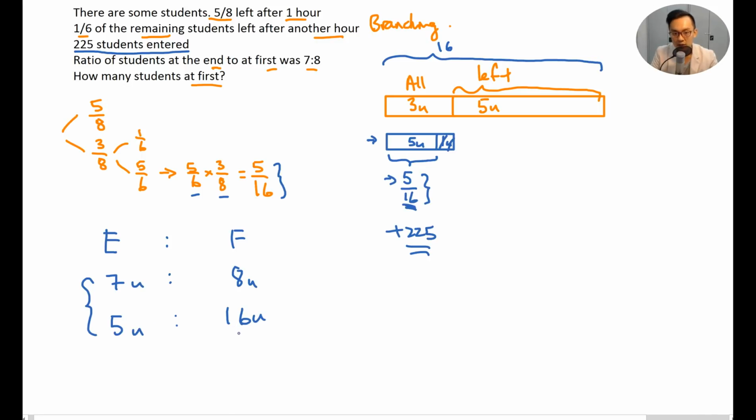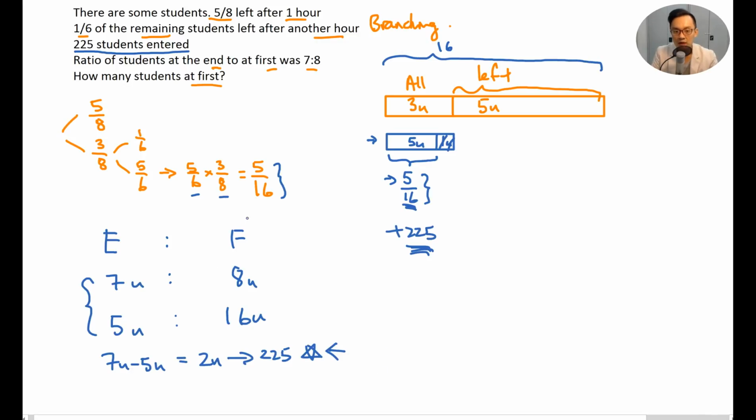My at first is 16 students. My difference is actually 225. All right, so 7 units minus 5 units equals 2 units, and that is 225. And once I get this, then I can solve for the rest. The most important statement you need to understand is this line. All right, once you can understand this line, then you can do the rest.